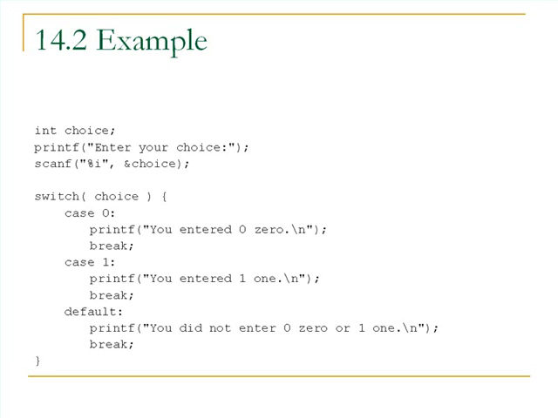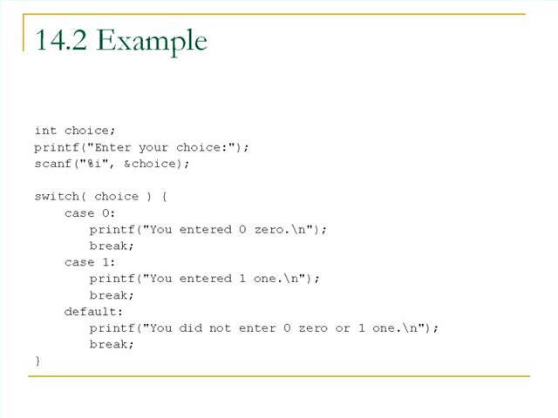If choice has 0 in it, we will jump to case 0 and start executing lines of code. When we hit a break statement, then the switch is over. We fall out the bottom. If choice had a 1 in it, we would jump to case 1 and start executing lines of code. And if choice didn't have 0 or 1, we would jump to the default case and execute whatever is after the default label.